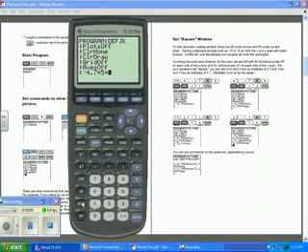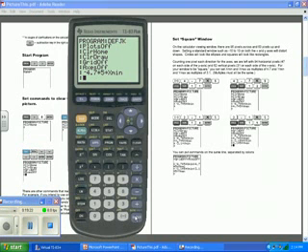Vars is located right here beside the clear. 1, 1. Because 1 is x minimum, enter. Okay, so I'm defining my window as that value for my x minimum.